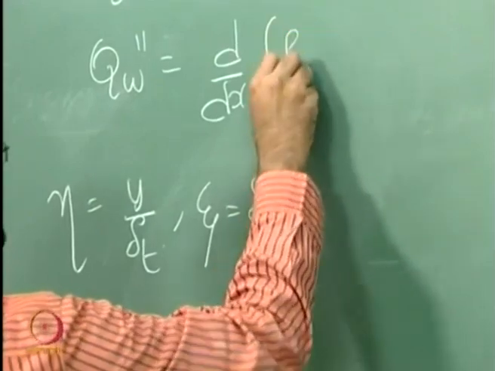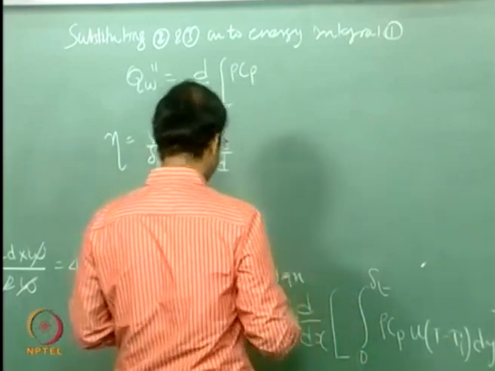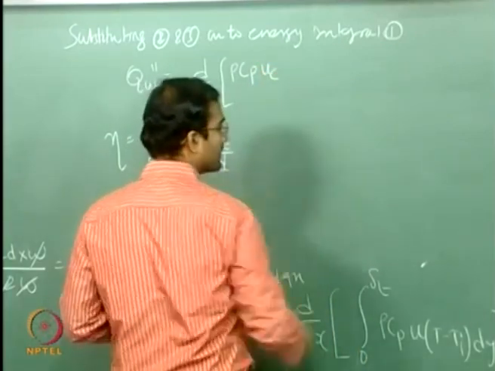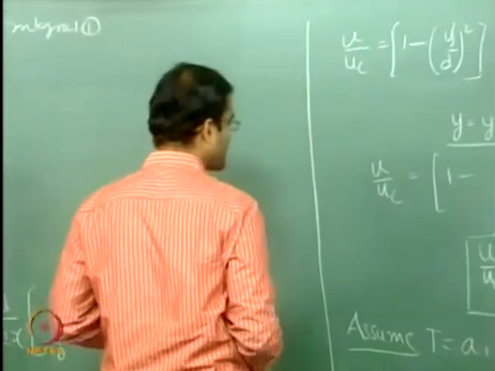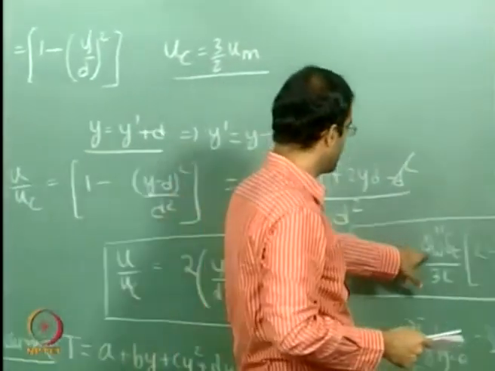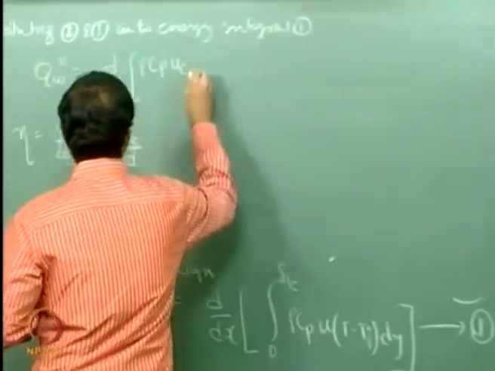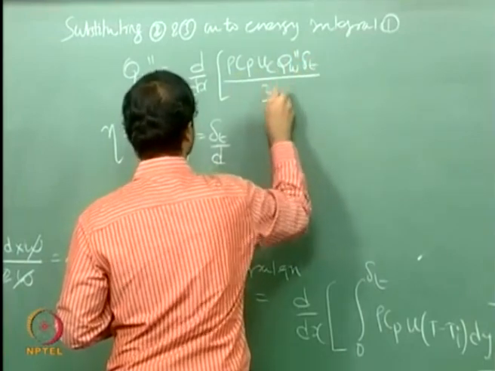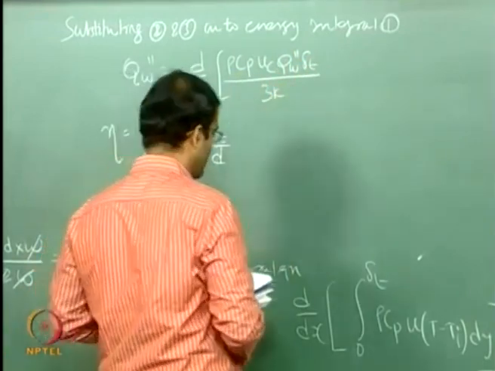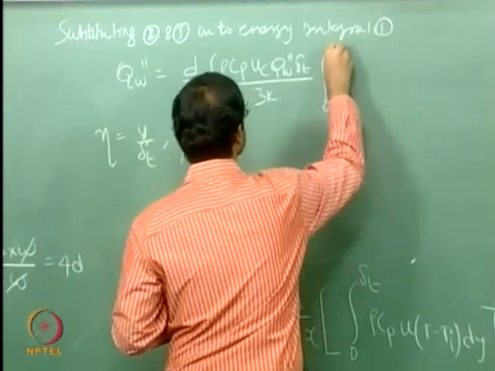Now you can write them in terms of non-dimensional variables. So this is rho Cp into uc, and t minus ti is nothing but q wall double prime delta t by 3k. So I can write that as q wall delta t by 3k, which I can pull out of the integral, and now I can integrate from 0 to 1.